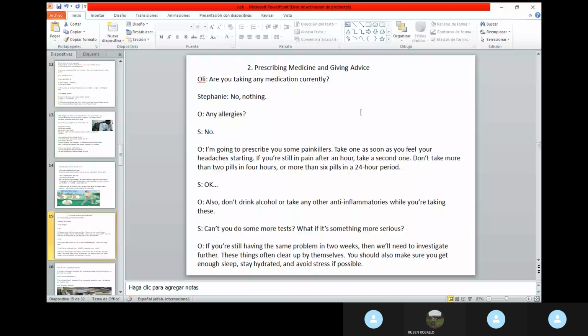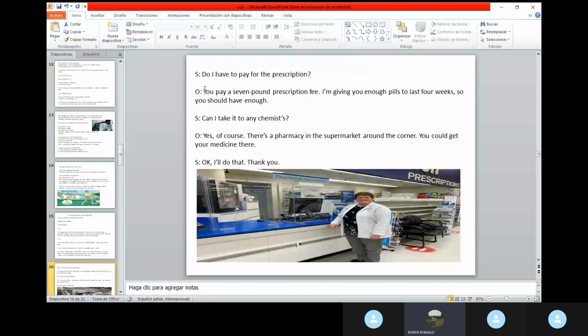Continue. Profe, ya leímos toda la diapositiva. No, pero esta es la primera parte del diálogo y acá continúa la segunda parte. Ah, termina la segunda. Listo, es que hasta ahora me pasó.